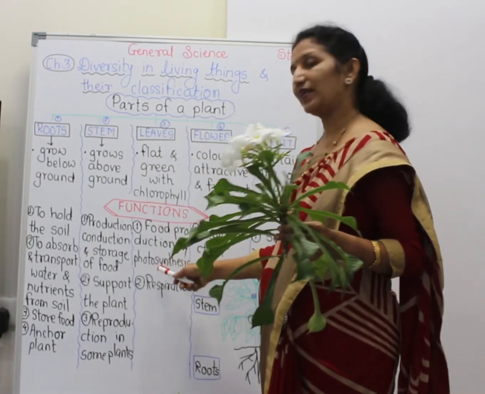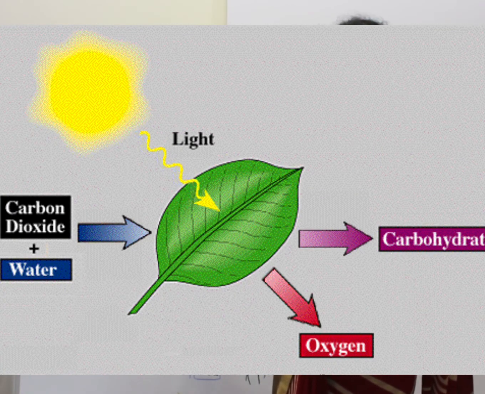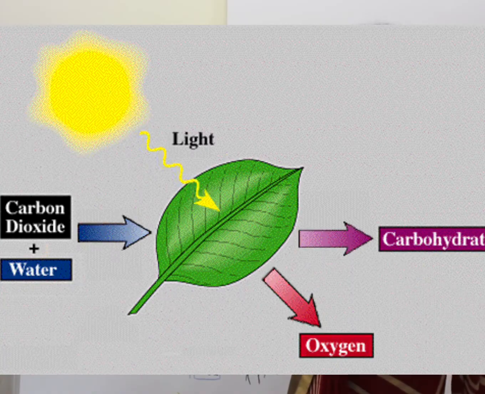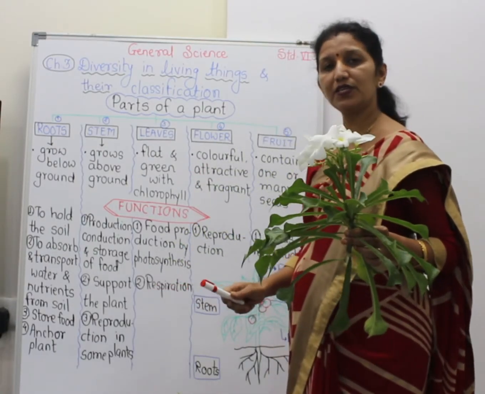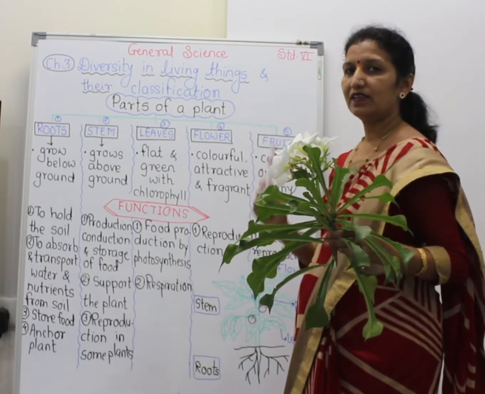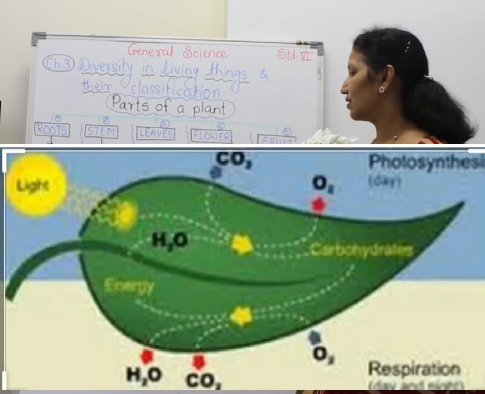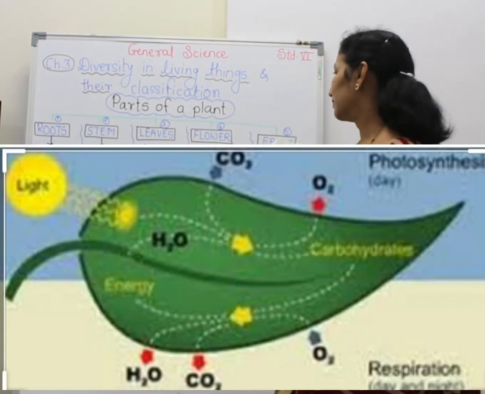Food production by the process of photosynthesis. It is the main function of leaf. Photosynthesis occurs in leaf. Then respiration also occurs by the leaves. There is transpiration of water from the pores of these leaves.